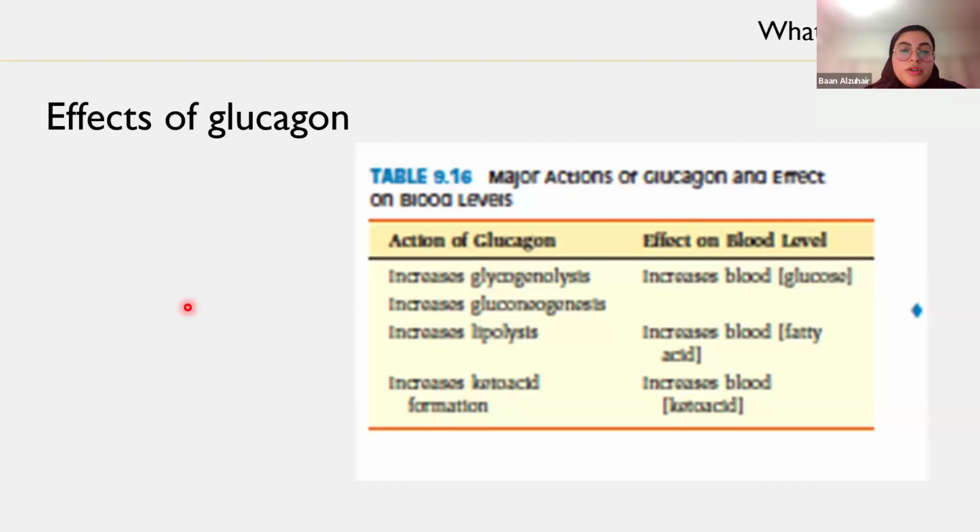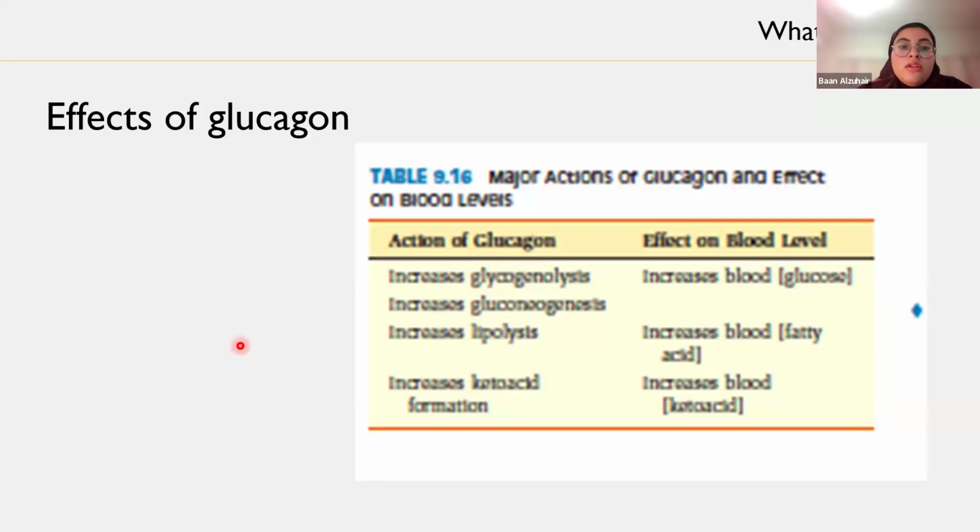So what does glucagon do? It increases blood glucose levels. How does it do that? It increases glycogenolysis. So it breaks down glycogen stores in the muscle and in the liver, and it will turn the glycogen into glucose and make it more available for other organs in the circulation.